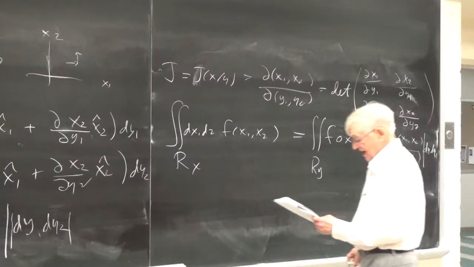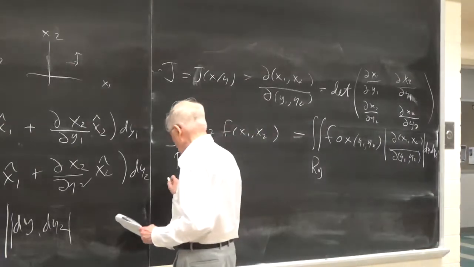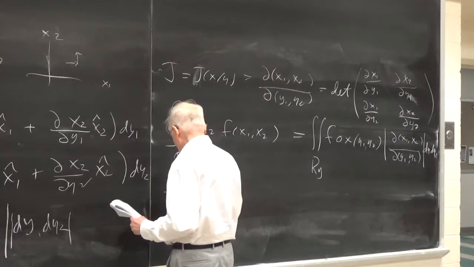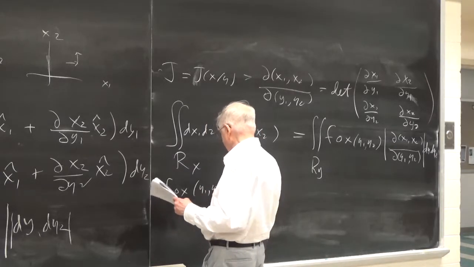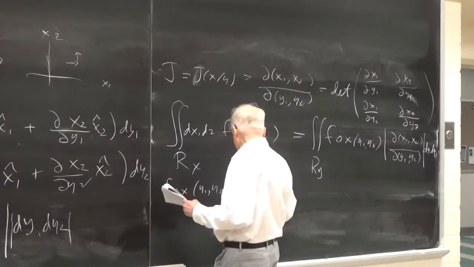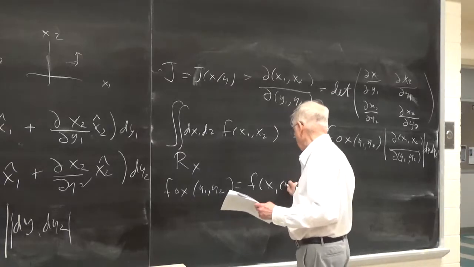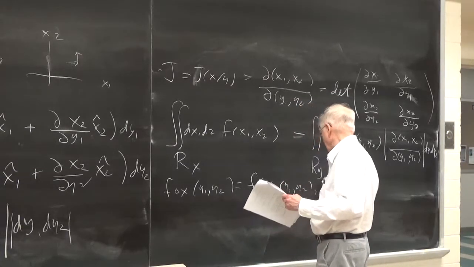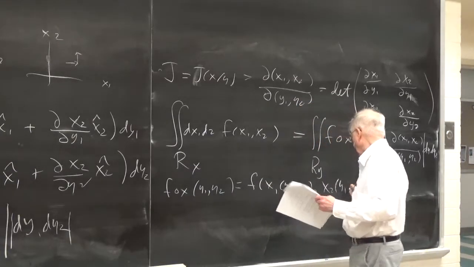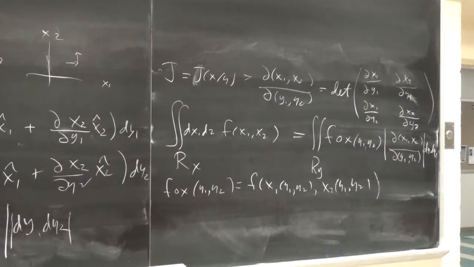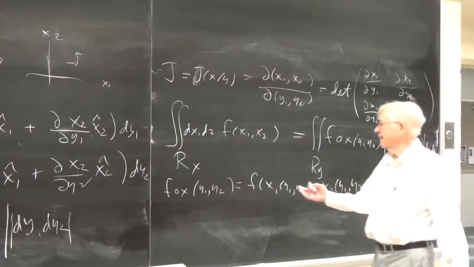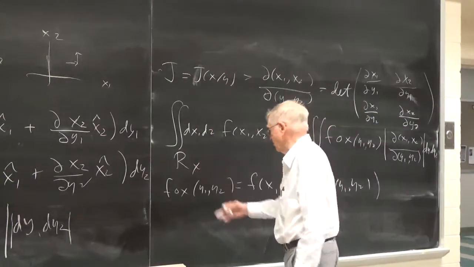This is math notation, or at least it was math notation. So F of x of y1, y2 is f of x1 of y1, y2, comma, x2 of y1, y2. So in other words, over here you're integrating f of x1, x2 over a certain region.